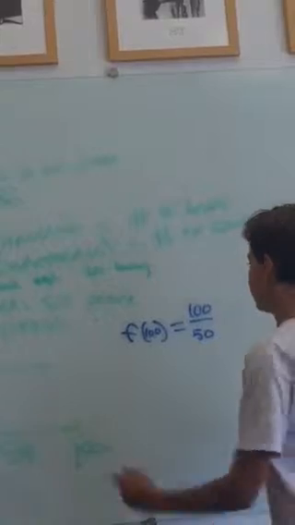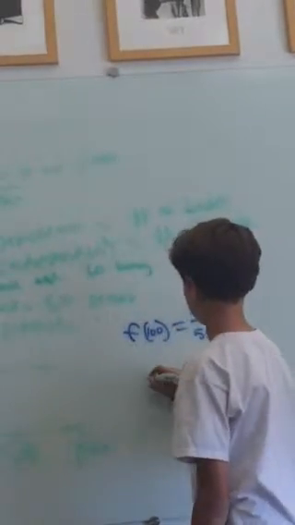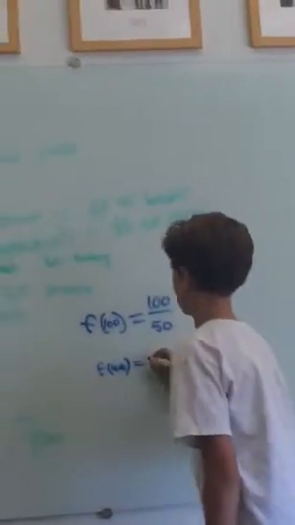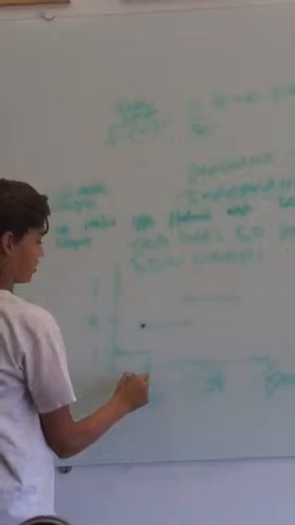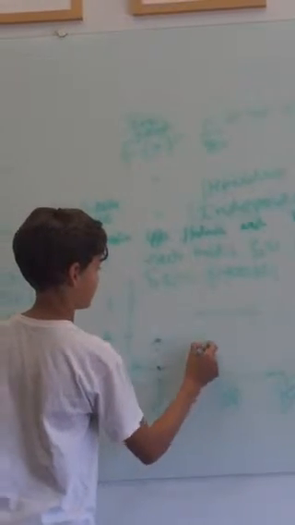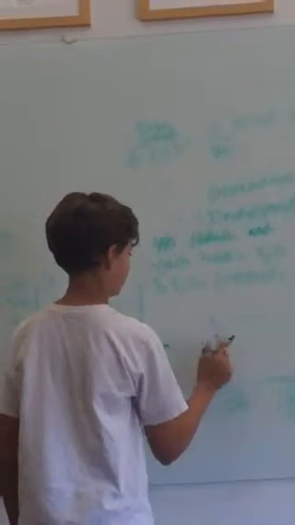This would work. As we can see here, that means f of 100 would equal 2. And that works here. If we go here, we see that 2 corresponds from this to this to here. That does work.